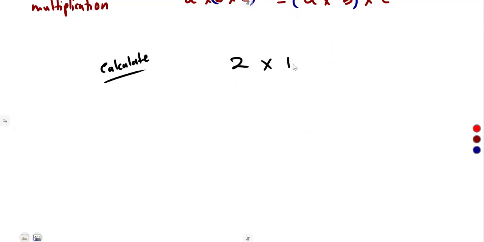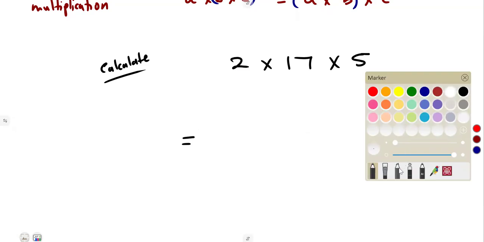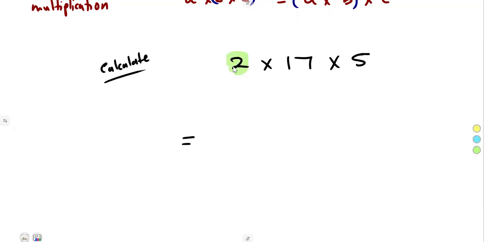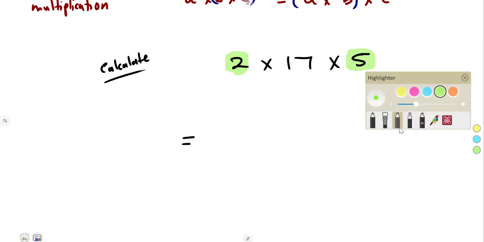2 times 17 times 5. Then you're asked not to use a calculator. How can you simplify or calculate this? You target numbers that are easier. You know that multiplying 2 and 5 is easier because it gives us 10. It's direct, something that you know. So you can group it.